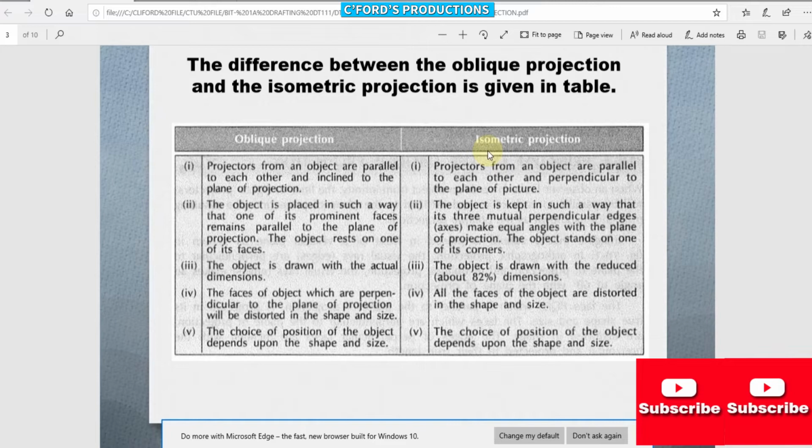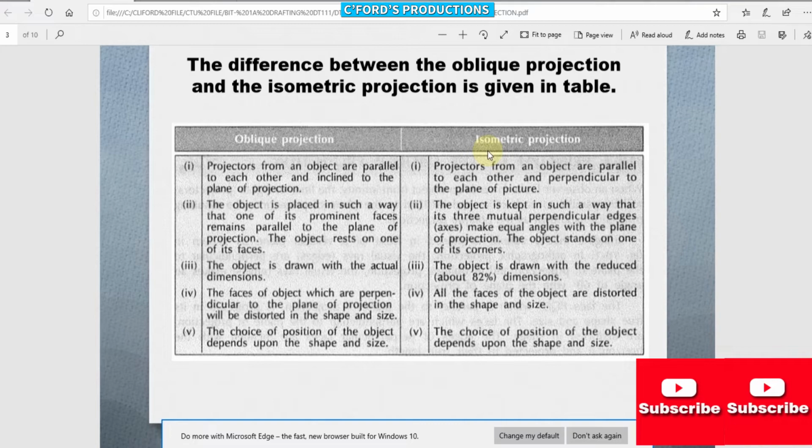The angle is 30 degrees, making an isometric projection. The object stands on one of its corners.